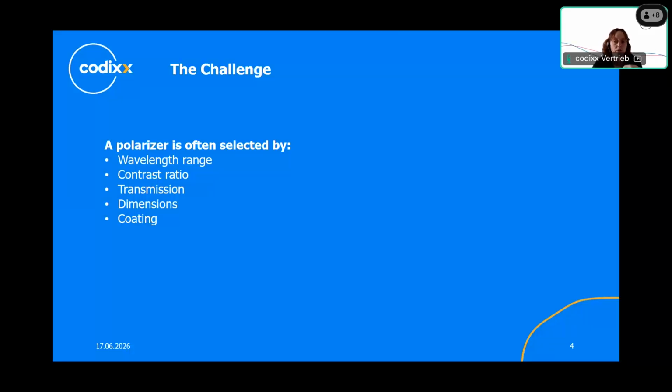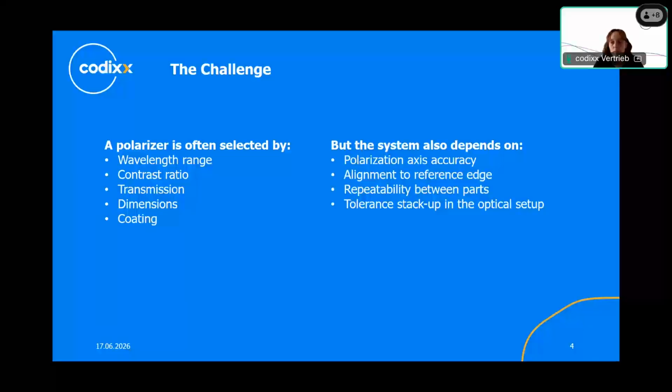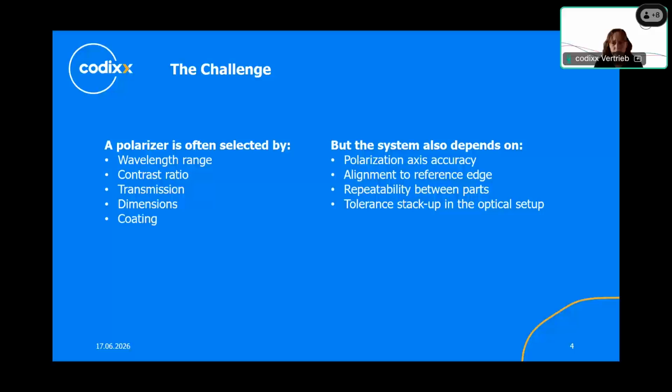It's part of an optical system, which means it has to work with the system. It has to align with the sensor, with a wave plate, optical paths, a mechanical mount, the calibration model, or even sometimes with the manufacturing processes.